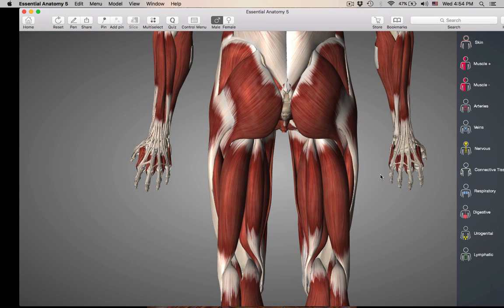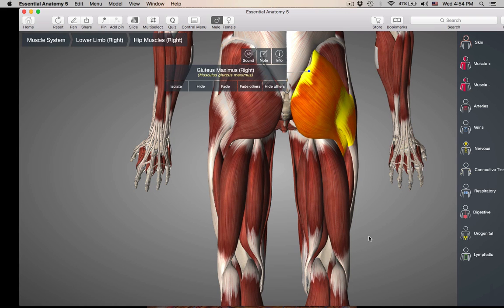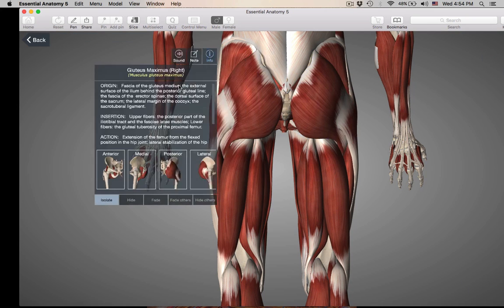So now we're going to the back side, and let's start with the first muscle that's on your list, the gluteus maximus. So here's your gluteus maximus. Big muscle in the behind. Let's isolate that guy out.